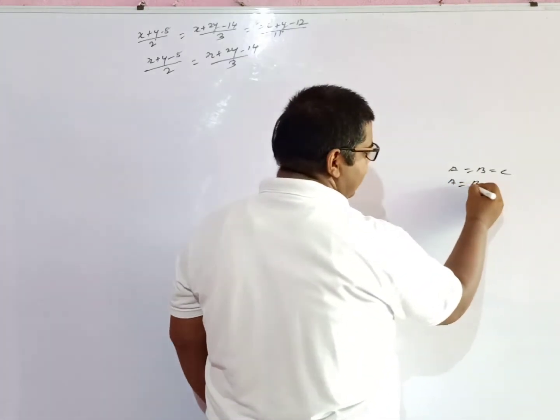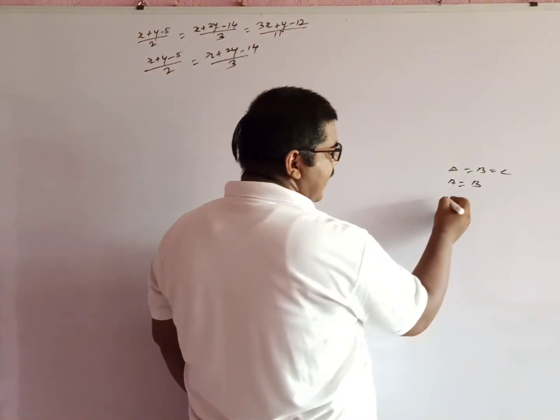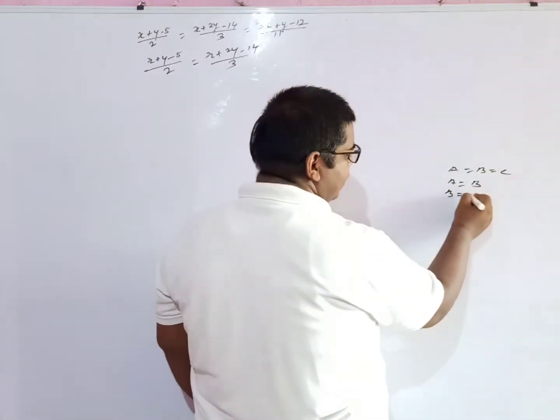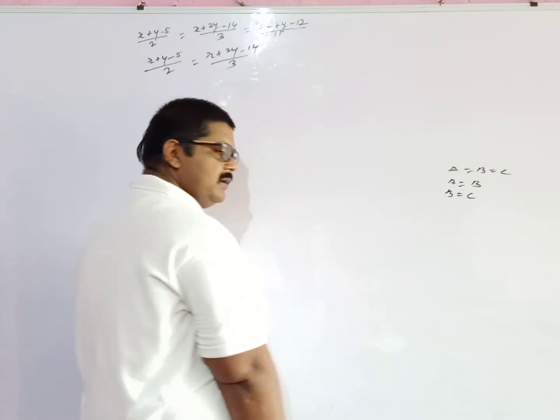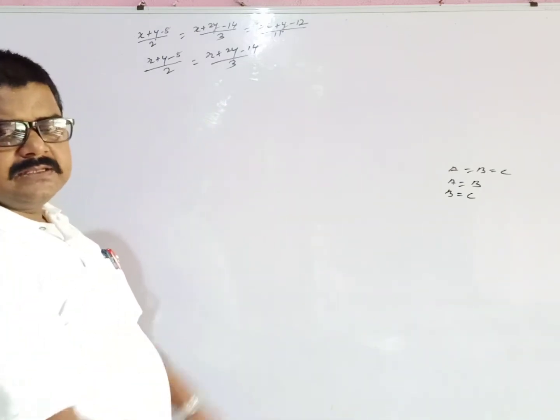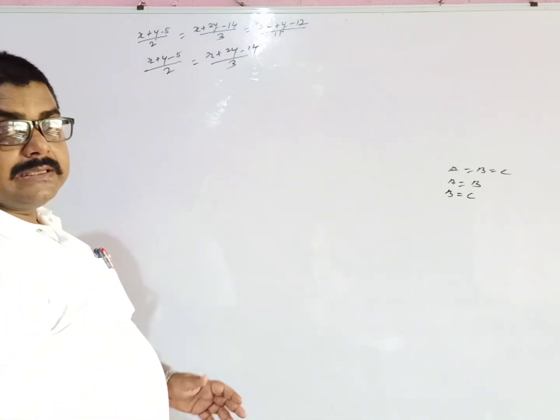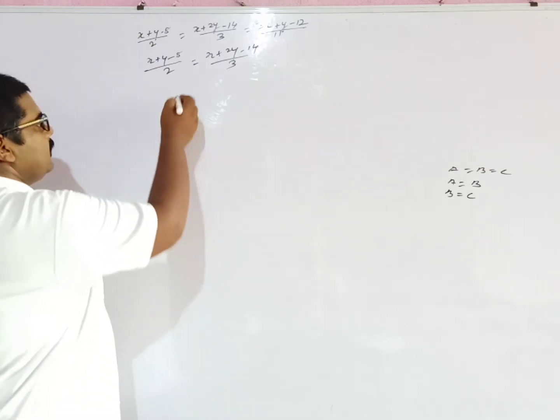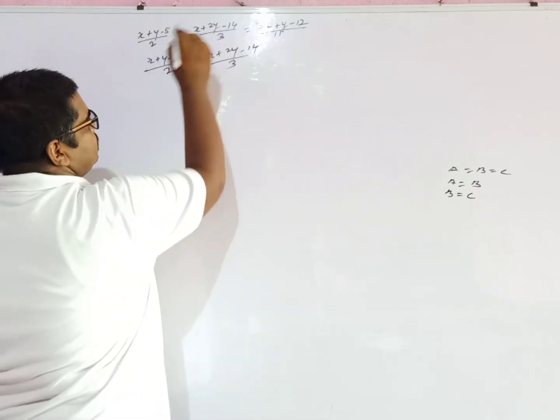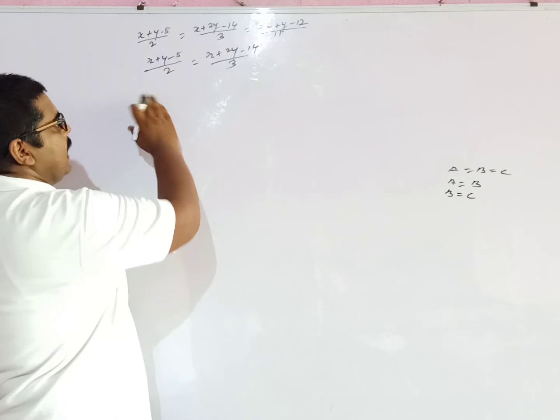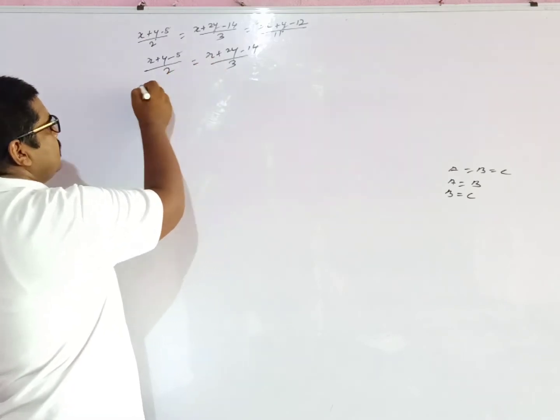The first equation is derived when a is equal to b, and the second when b is equal to c. So you have to utilize this process. I have selected first is equal to second term, and you can solve the question.